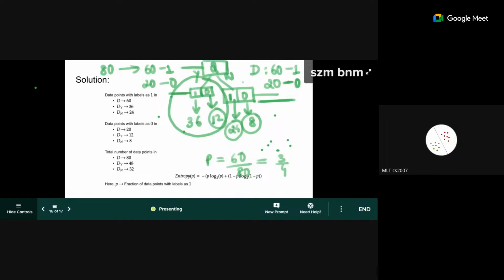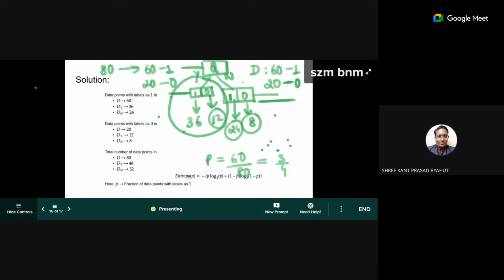So gamma is the fraction of data points that went to the DS side. How many data points went to DS? 48, right? And what is the cardinality of the data set? 80, right?